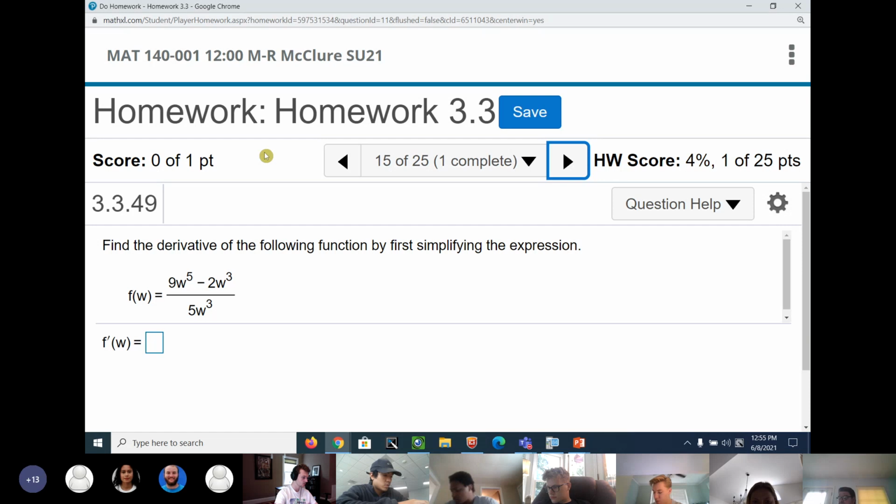Okay, so this problem we can do the algebra first, and that's going to give us f of w equals, well, you can cancel the w with this and the w with this, or you can factor out. I'm just going to factor out a w to the third power.